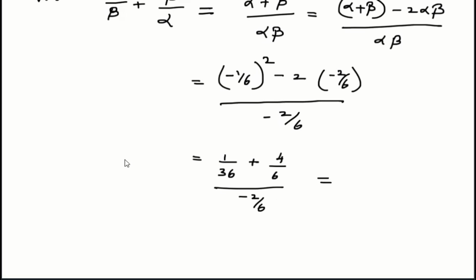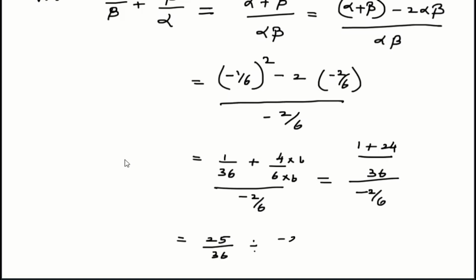Taking LCM here, 36 is the LCM. So it becomes 1 plus 6 into 4, that is 24, over 36, divided by minus 2 by 6, which is 25 by 36 divided by minus 2 by 6.